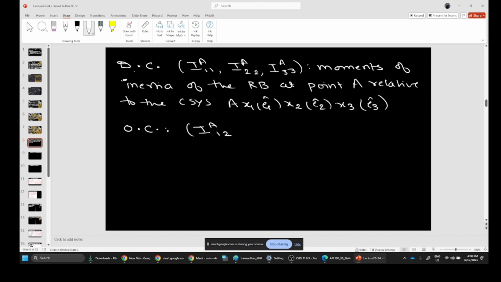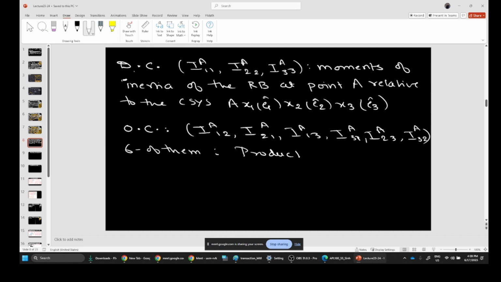The off-diagonal components are actually 6 of them. And these are called products of inertia. Products of inertia of the RB at point A and relative to the coordinate system.